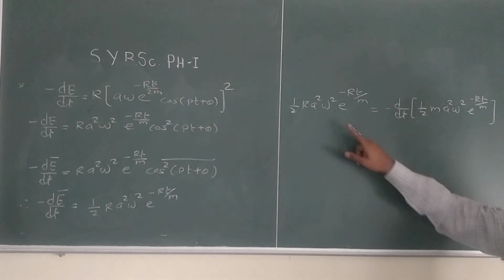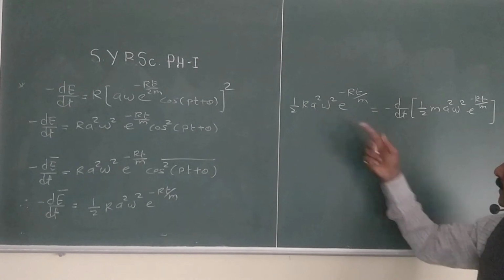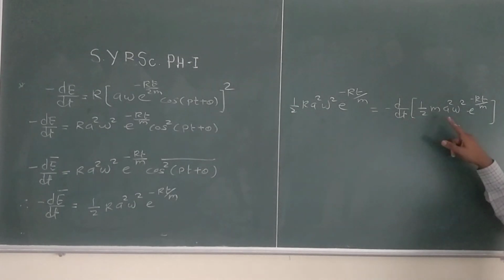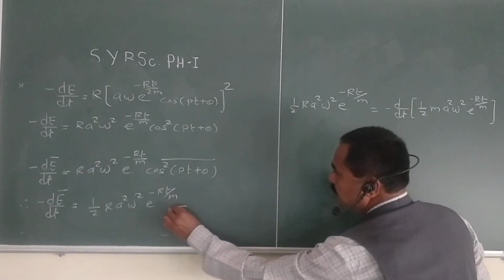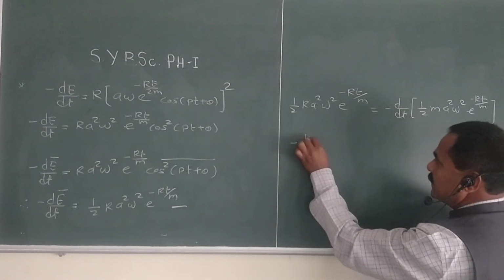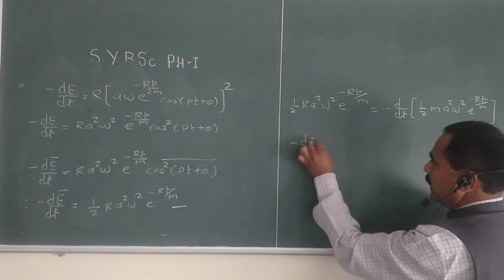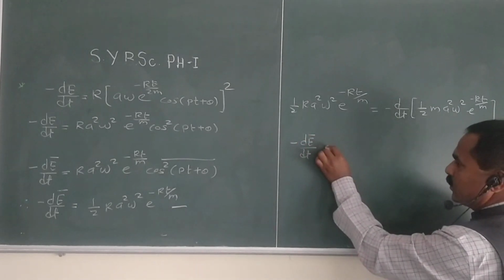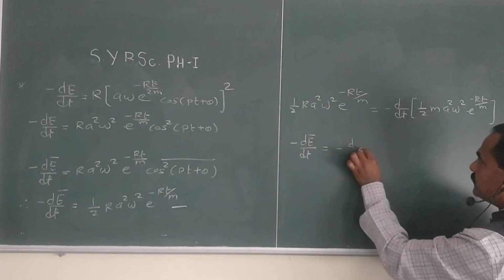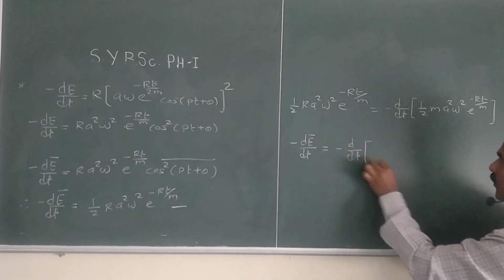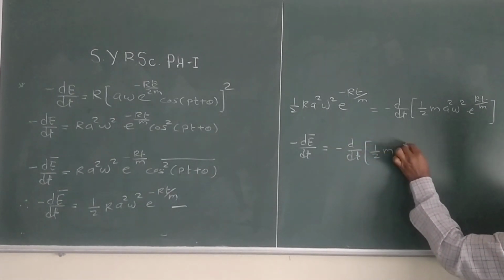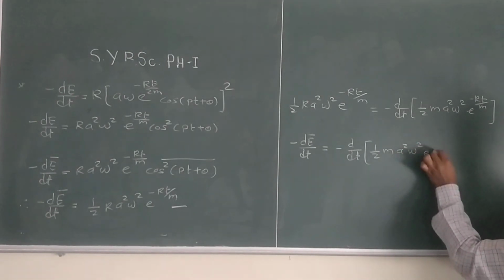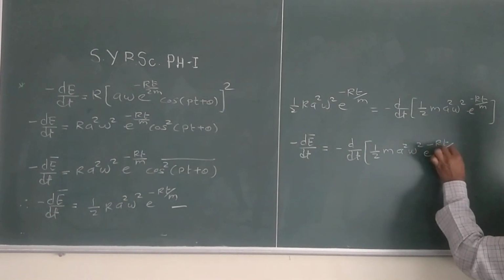So instead of this term we write minus d dt of this term. Therefore minus d dt of E average equals minus d dt of half m a square omega square e raised to minus rt upon m.